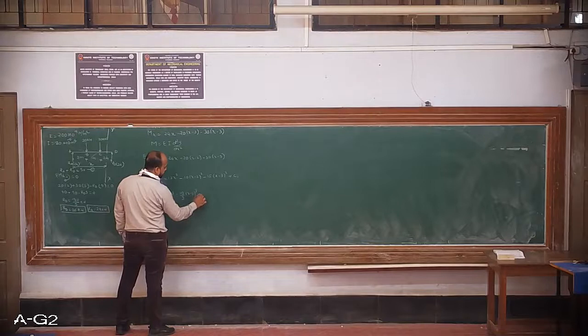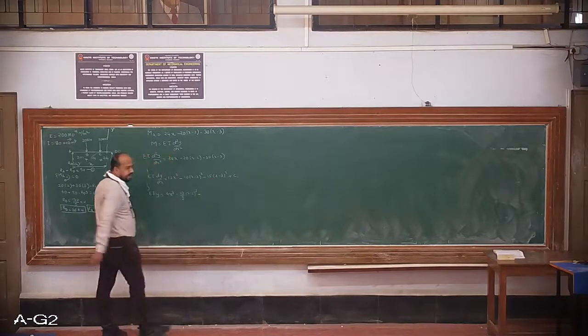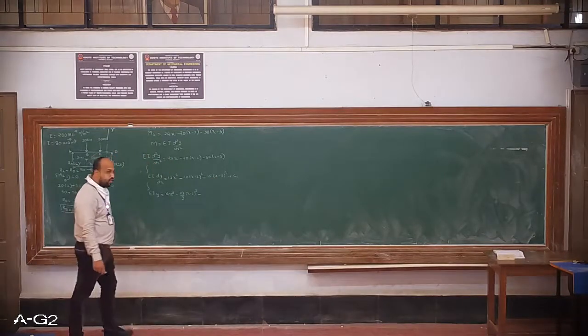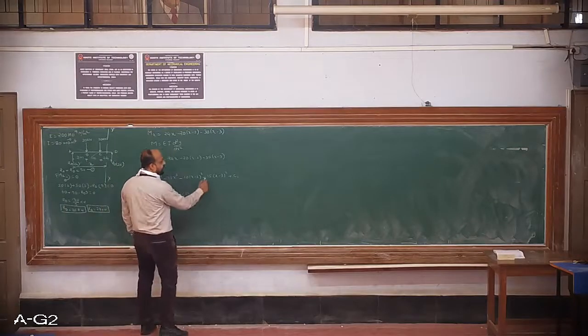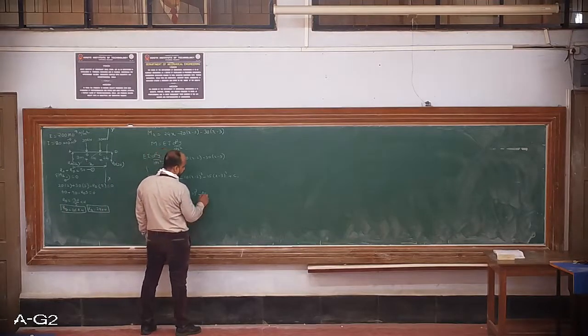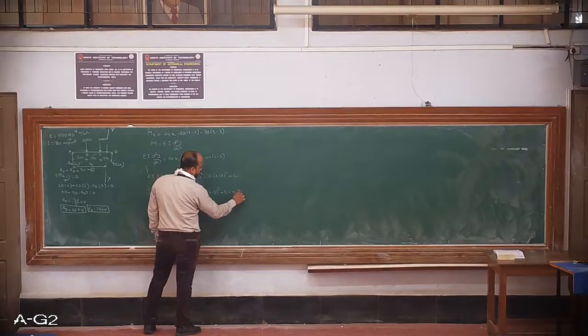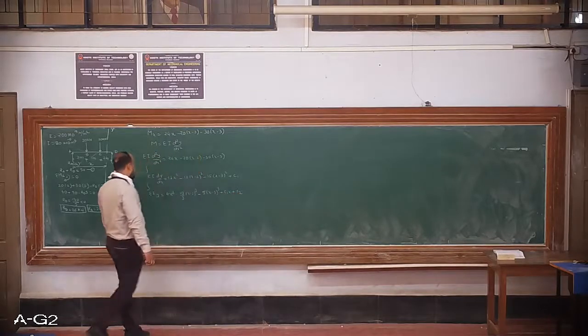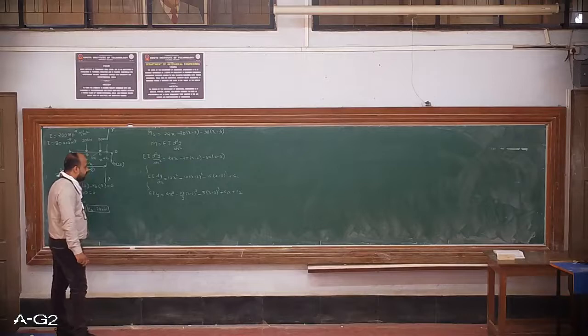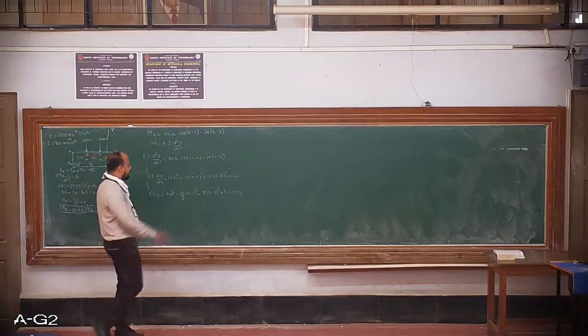Similarly, x minus 3 square integration is x minus 3 cube divided by 3. 15 divided by 3 is 5. So 5 into x minus 3 cube, plus C1 into x plus C2. So these two equations I have got.